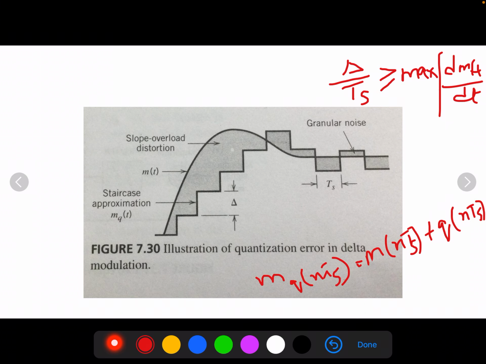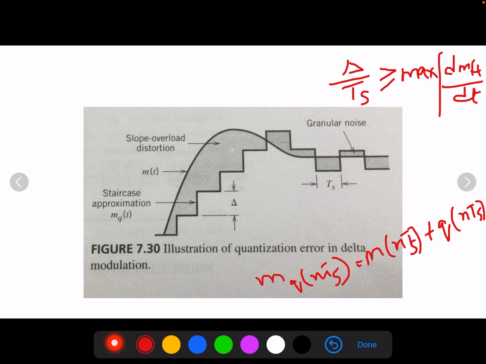We require this condition to be satisfied, otherwise the step size delta is too small for the staircase approximation mq(t) to follow a steep segment of the input wave m(t), with the result that mq(t) falls behind m(t), as you can see in this diagram.